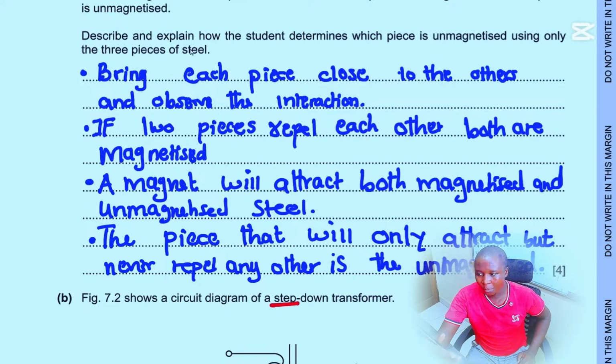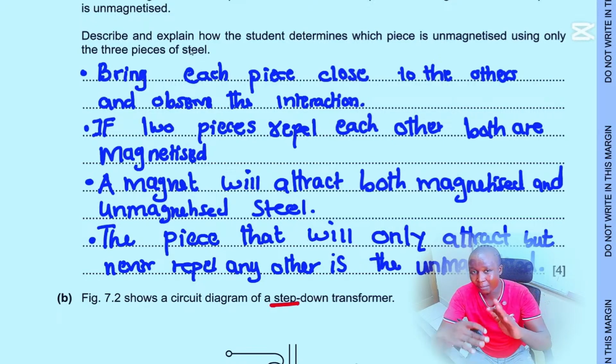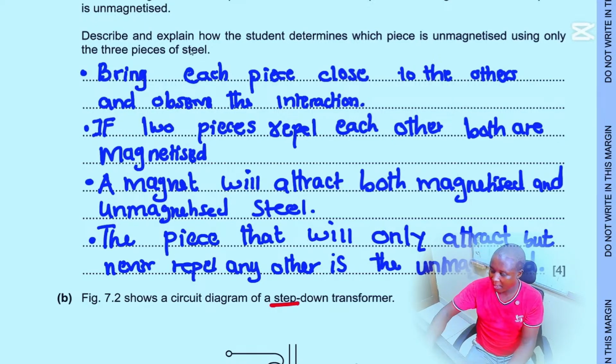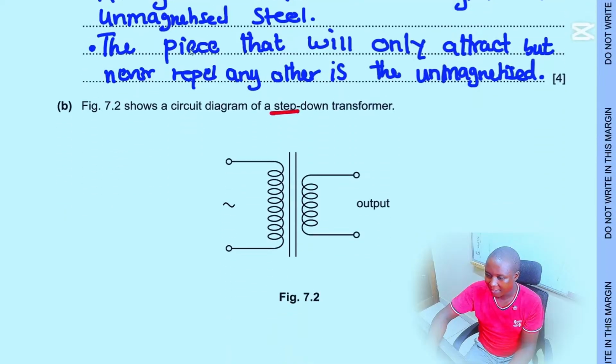So if 2 pieces repel each other, then it means both are magnetized. A magnet will attract both magnetized and unmagnetized steel. So the piece that will only attract but cannot repel is the unmagnetized one.